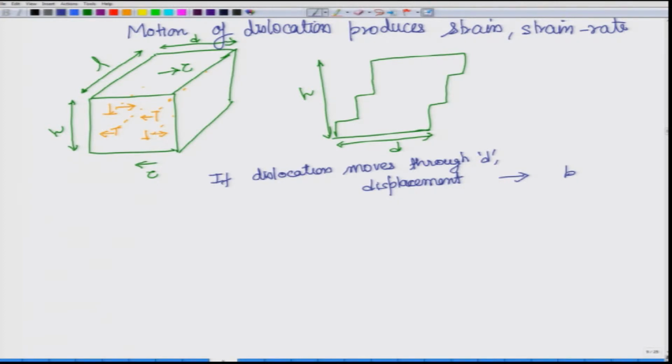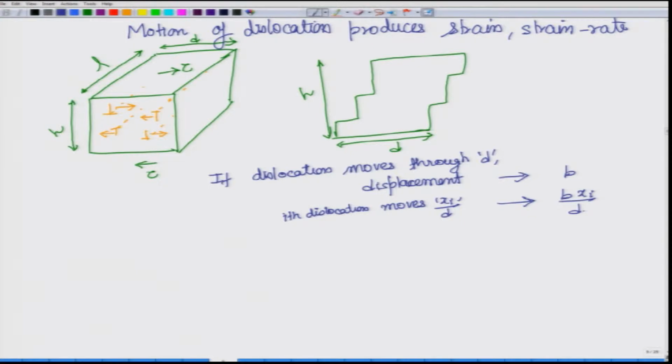Now, let us say that one particular ith dislocation moves through only xi distance. So, the ith dislocation moves through a fraction of it, which is shown by xi by d. Therefore, it will produce a displacement equal to b xi by d.